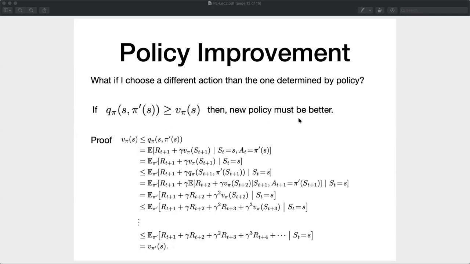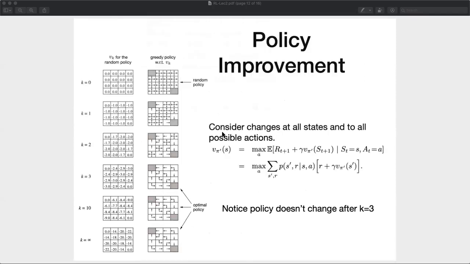So now we have a way of probing whether one policy is better than another. So how would we implement that? This is known as policy improvement.